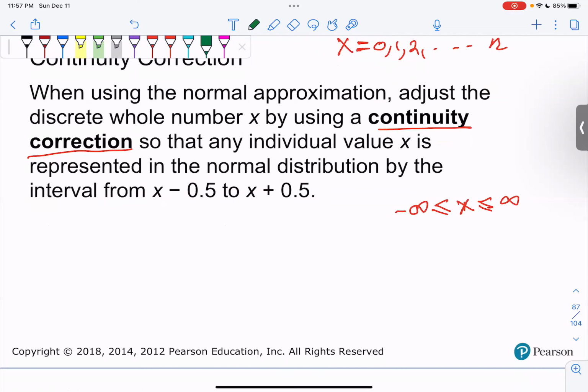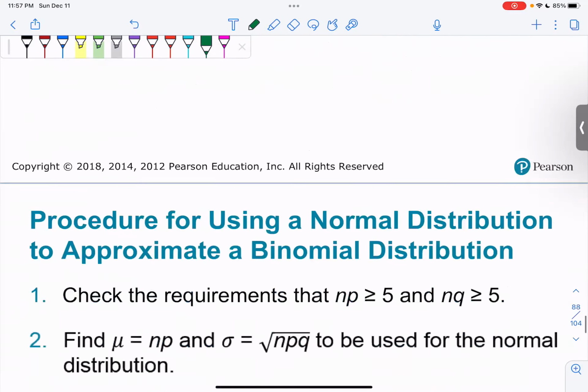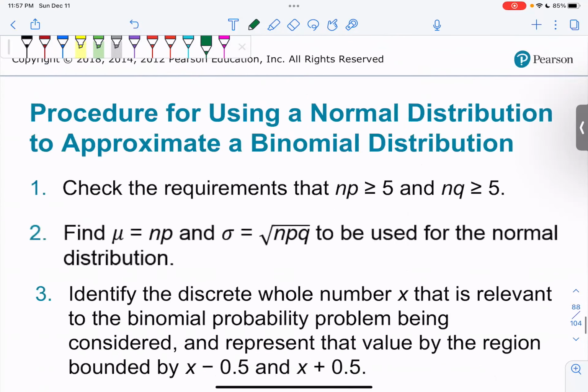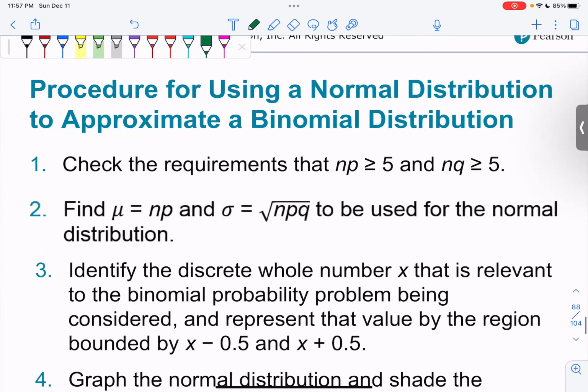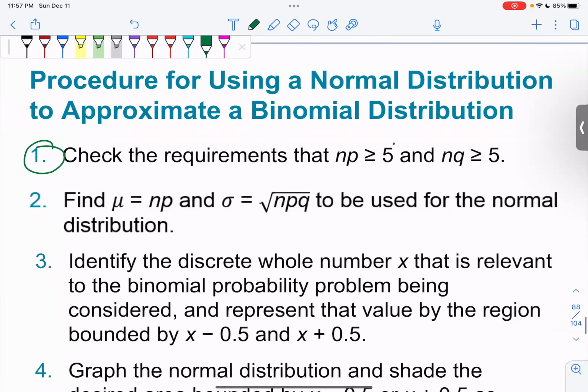By adding 0.5 or subtracting 0.5, depending on the question. We'll see the criteria in a few minutes. So the procedure we will do: one, check the requirement, np greater than or equal to 5, nq greater than or equal to 5.